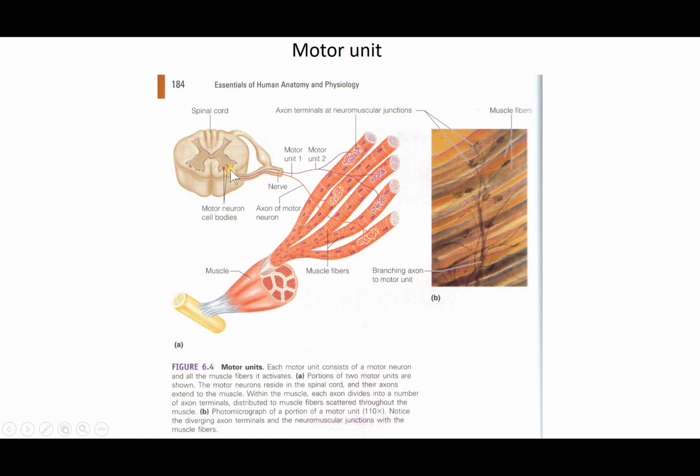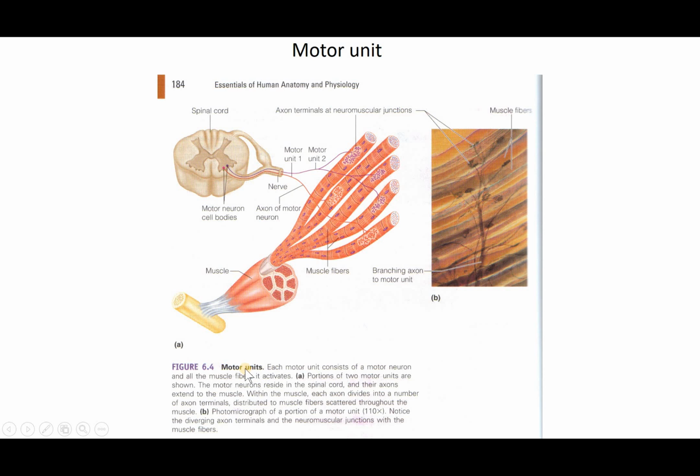Okay, so they're going to come out of the spinal cord, and then innervate the actual muscle fibers. And then over here, this is what it looks like under a microscope. We have the axon terminals at the neuromuscular junction. Okay, now this is a fancy word, but let's break it down. Neuro, there's your nerve, innervates the muscular junction where they connect. The NMJ, or neuromuscular junction.